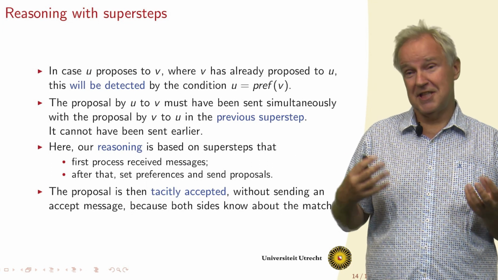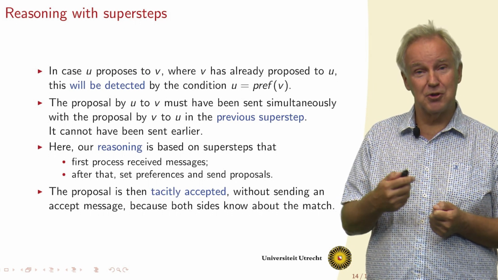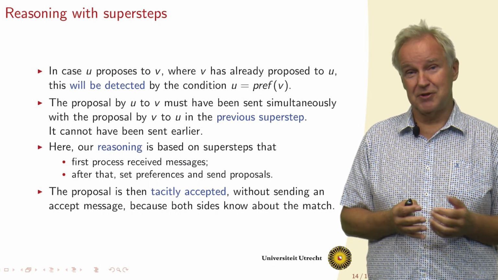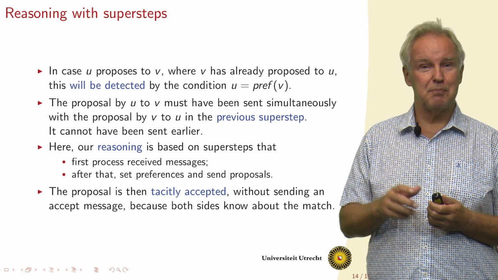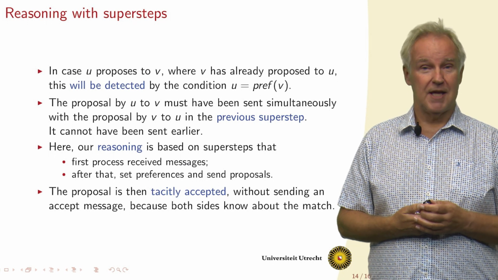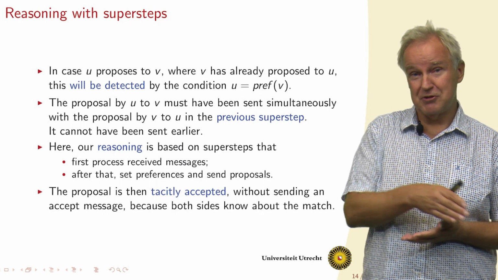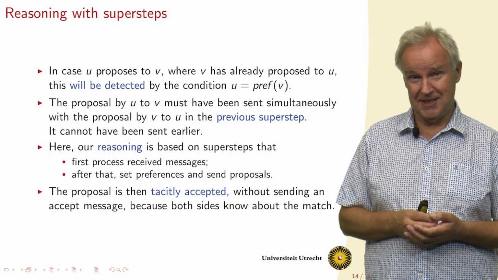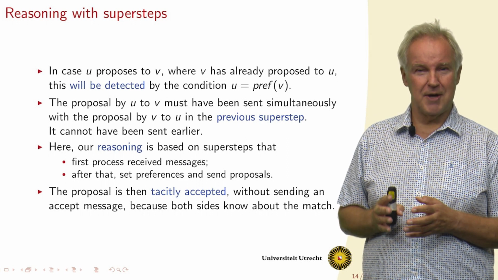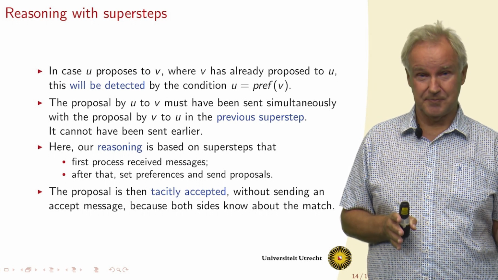Now, this needs a proof. Let's assume that you receive a proposal. You proposed to V, so it sent it in the previous superstep. But you have set your preference to V previously. Setting your preference means you have proposed to U already. Now, let's assume that you have proposed already, not in the previous superstep, but before that.